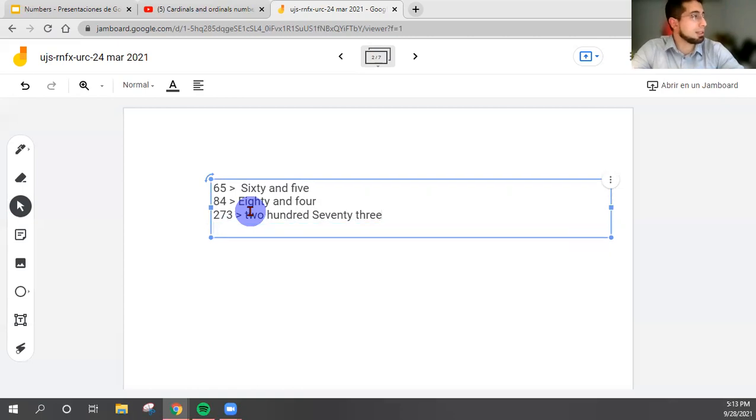Okay, let's do the last example. Vamos a hacer el último ejemplo with a big number, con un número muy grande. Aquí. Listo. Entonces, tenemos now a 1000 number, right? Un número de miles, ¿cierto? ¿Qué número es?